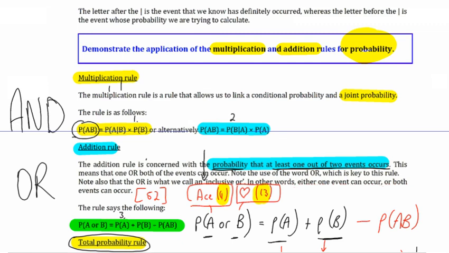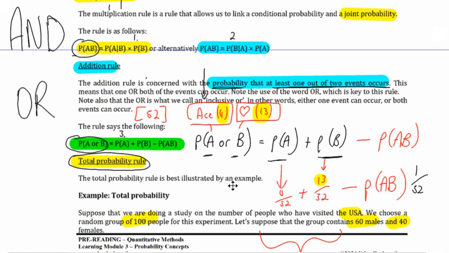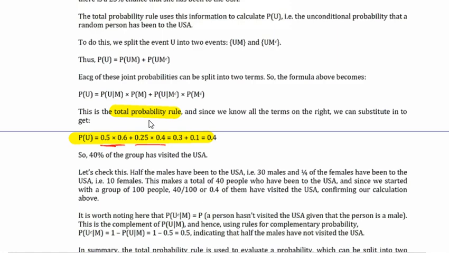Addition rule says that's the OR rule: what's the probability of A or B happening? The total probability is the both rule. We saw that via my example of the total probability of both males and females having visited America. Hopefully that all makes a lot of sense to everybody.